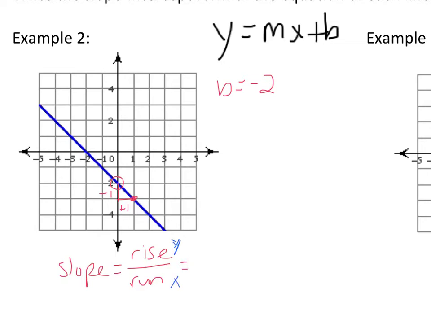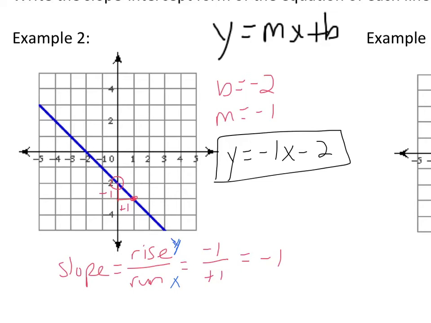So I went down one, so my rise was a negative direction. To the right one for run, that's a positive direction. And I get a slope of negative 1 if I simplify. So my m is negative 1. So our final equation is negative 1x, that's my slope, minus 2, that's my y-intercept, and that's the equation of our line.